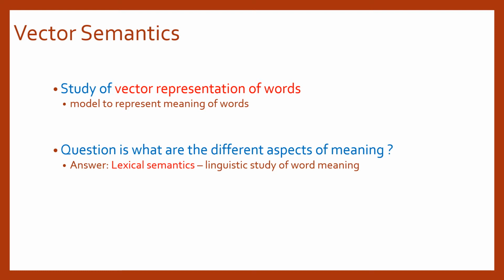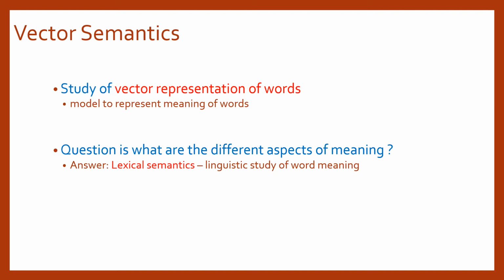So, for example, if we want to obtain a representation of a word, then we would expect this representation to do all sorts of things, such as telling whether two words are similar, whether two words are antonyms, whether there are some positive connotations associated with these words. We will discuss these various aspects of meaning in a little more detail.